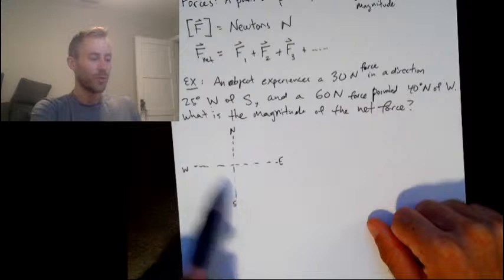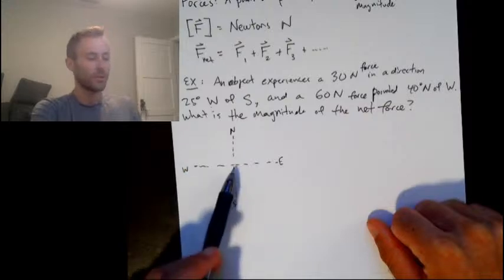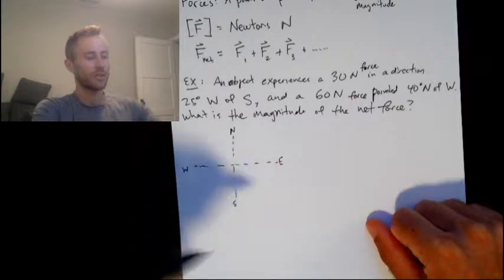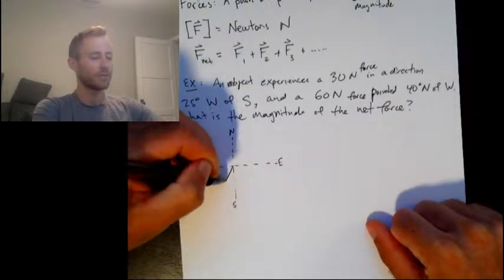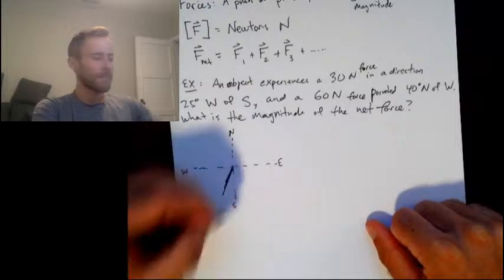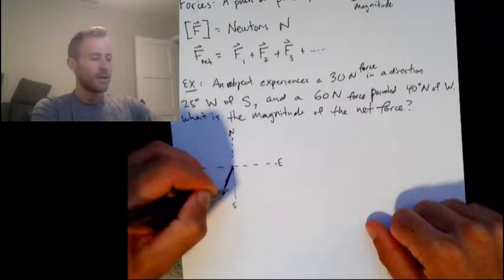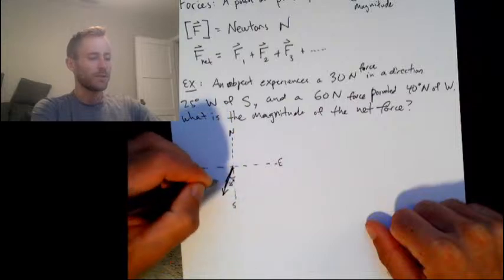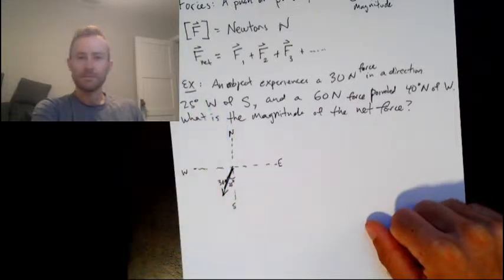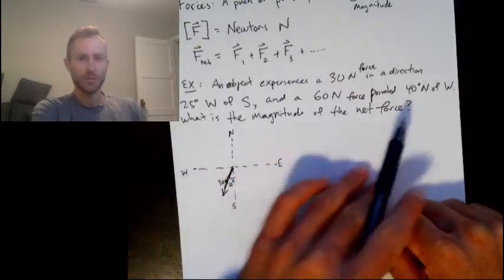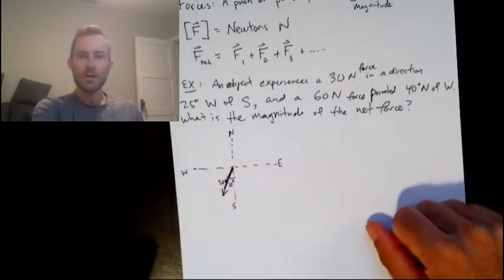West is leftward, so I'm going to rotate 25 degrees leftward from the southern direction. So that might be a direction that's kind of like this. That angle right there is 25 degrees, and this is a 30 Newton force. I know that's a little tough to read. I'm going to draw it bigger over here in a second.